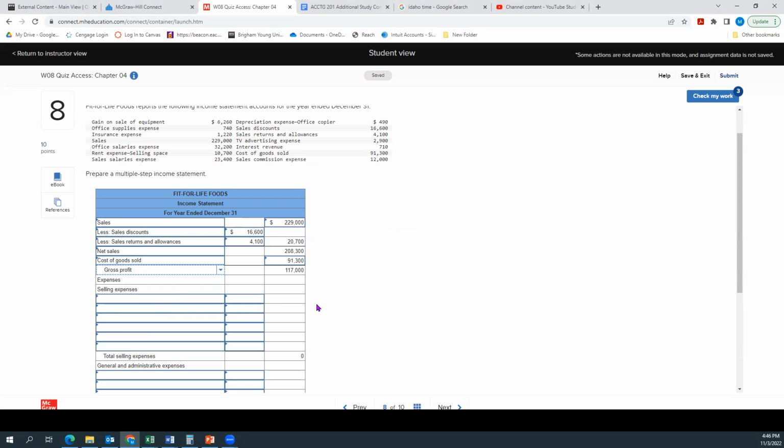So then we're going to get down to the expense section. The expenses are going to be all of these normal selling expenses, which should be our sales commission expense, our sales salaries expense, our rent expense on the selling space, and if we have any TV advertising expense.